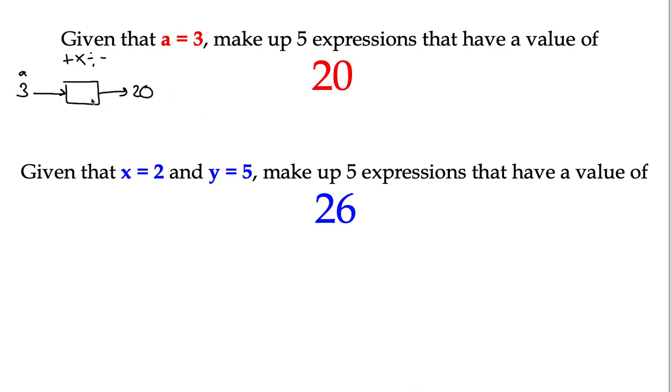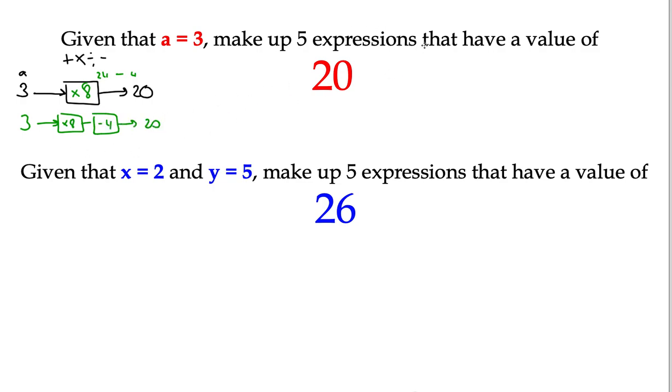If a is 3, we'll say I picked multiplied by 8. Well, 3 multiplied by 8 is 24. So I need another process to get back to 20. I know that 24 subtract 4 is 20. So really, what I'm doing is I'm saying multiply by 8 and then take 4 away. And that gives me 20.